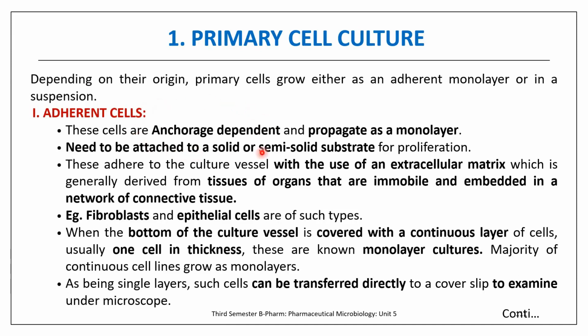These are also known as anchorage dependent, and they propagate as a monolayer. If you are taking a flat vessel for animal cell culture, these cells will adhere to the surface of the vessel and propagate as a monolayer.